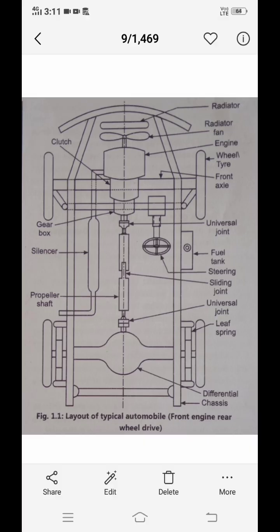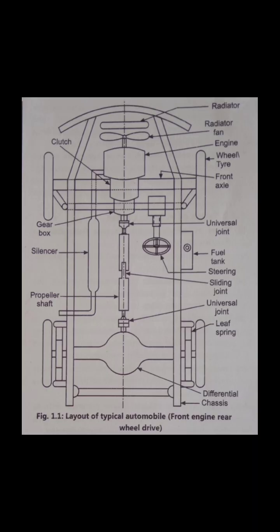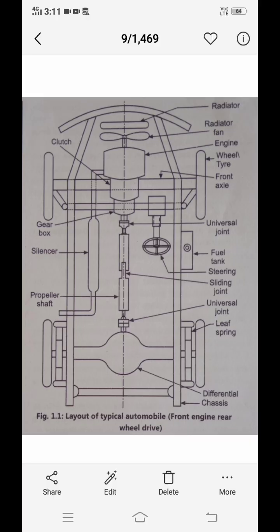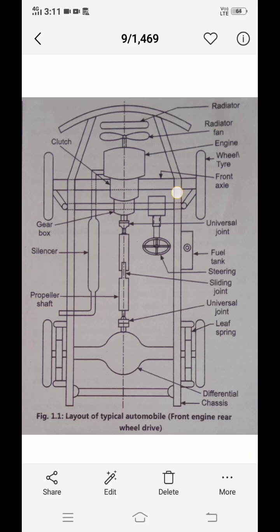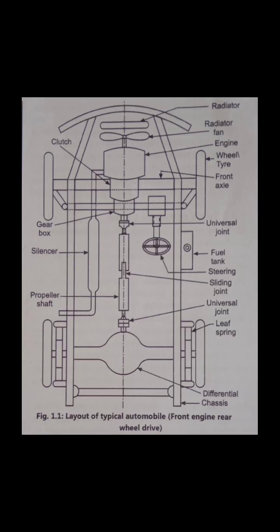Then the drive system: the layout determines whether a car is front wheel, rear wheel or all wheel drive, which in turn affects driving dynamics and adaptability to diverse road conditions. Various road conditions affect the vehicle layout.